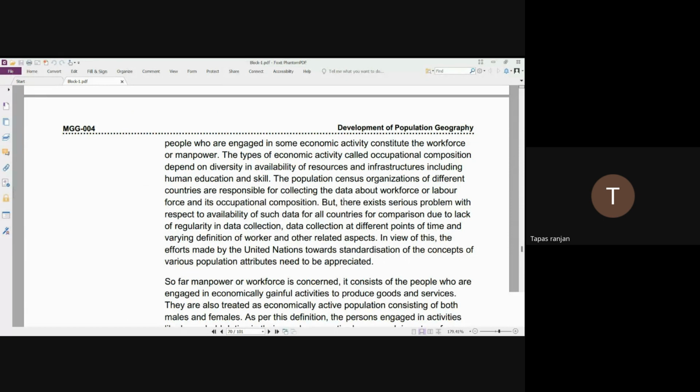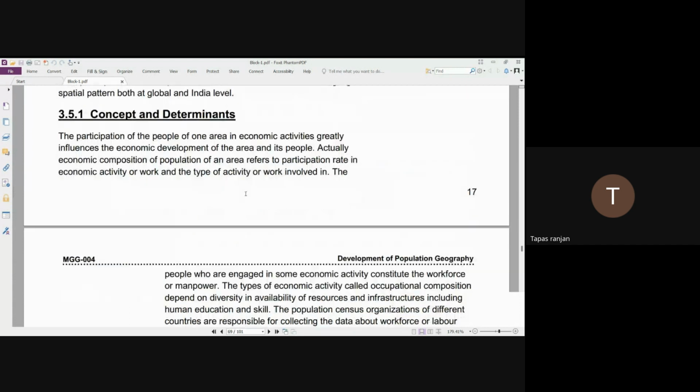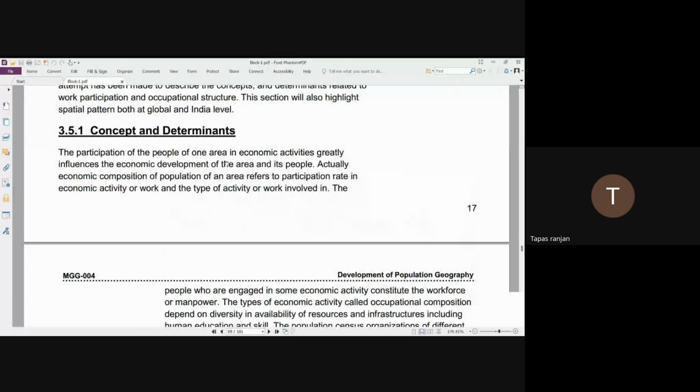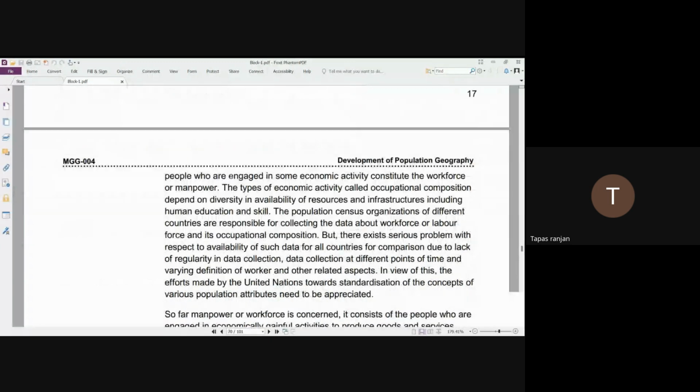Definitely the rural population will be engaged mostly in primary activities, and to some extent in secondary activity, but mostly the urban population will be engaged in secondary and tertiary activities. Likewise we can define the population composition based on the economic activity or the occupational structure.